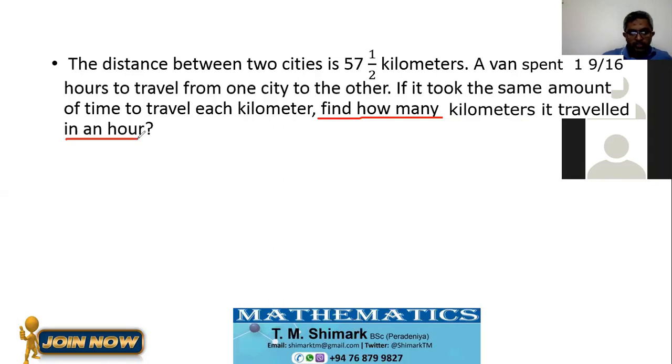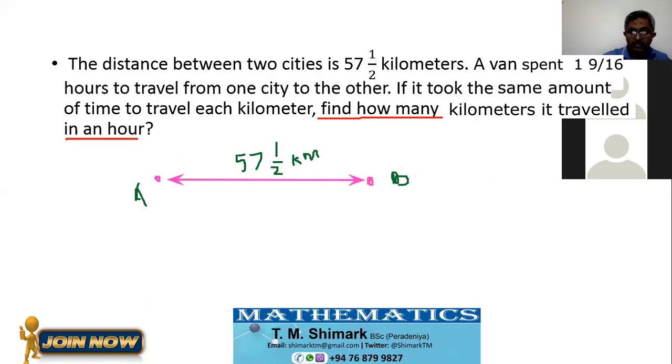Now check what the question is saying, what information is given. The distance between two cities is 57.5 kilometers. Two cities, let's say here and here, City A and B. The distance between them is 57.5 kilometers.